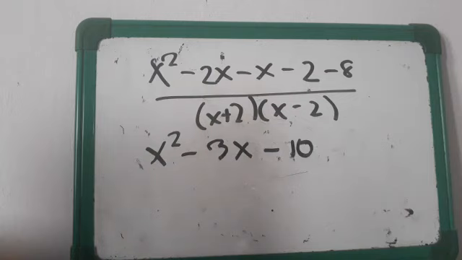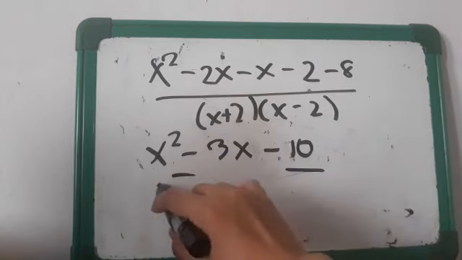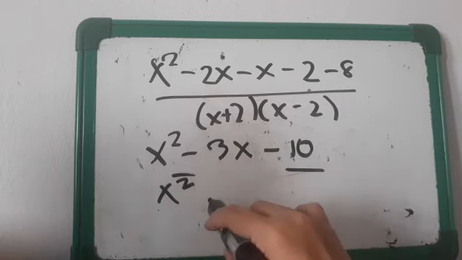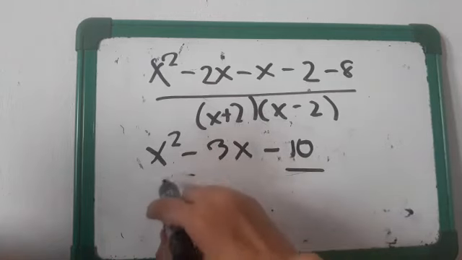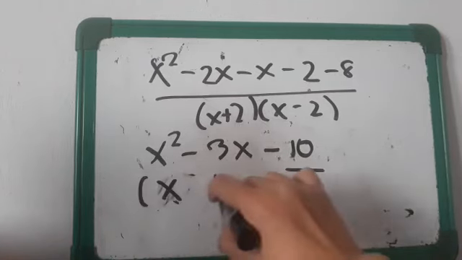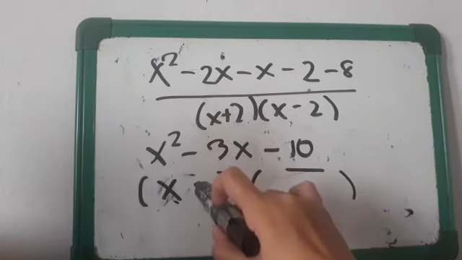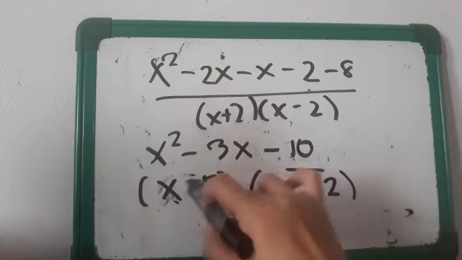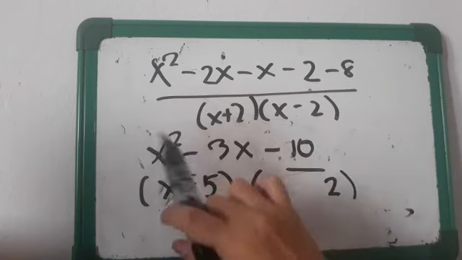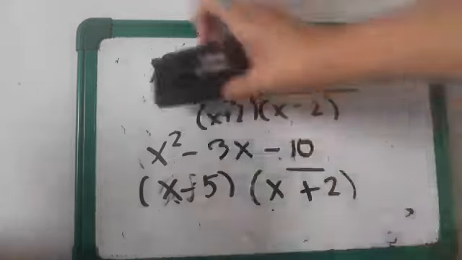Tapos, simplify na natin to. Magiging x, ito ay magiging 5. Tapos, ito ay magiging 2. Negative ito, tapos ito positive. Okay, yan. So, yan ay simplified.